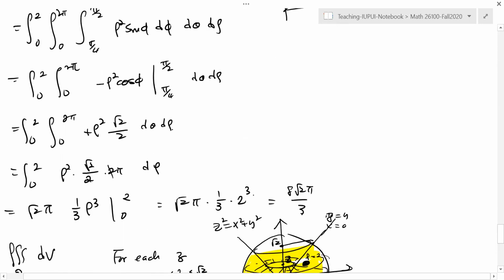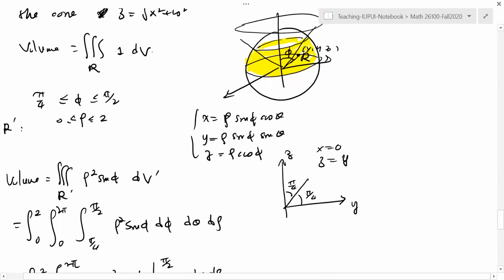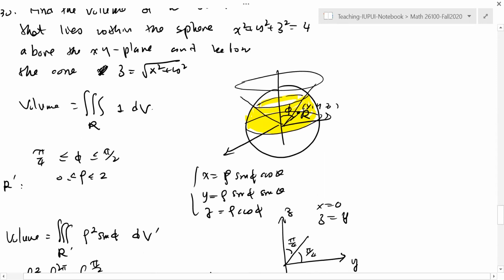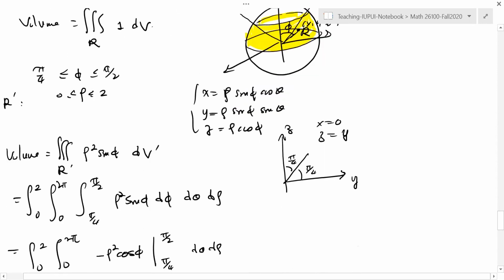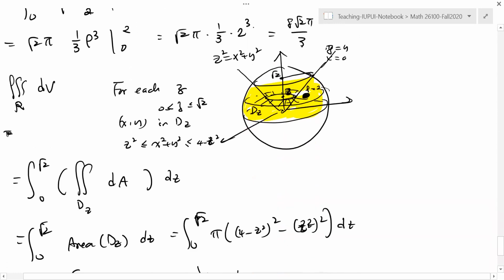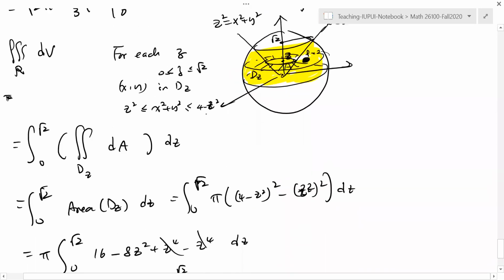Let's go back. Okay, I'm confused. The radius is going to be, yeah, it's 4, right? Yeah, it's 4. Okay, it's not 4 squared, just 4. So that was my mistake. Yeah, so it's 4 minus z squared. That's okay, right?